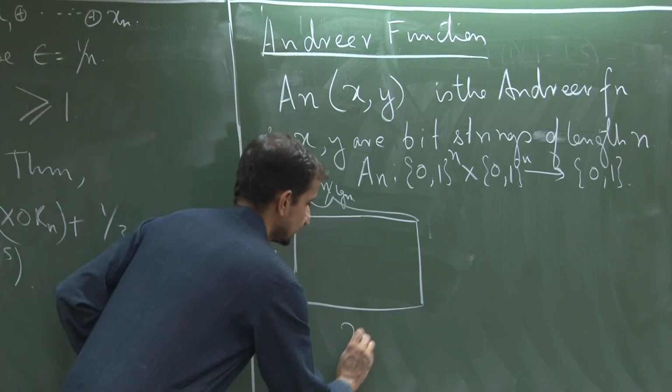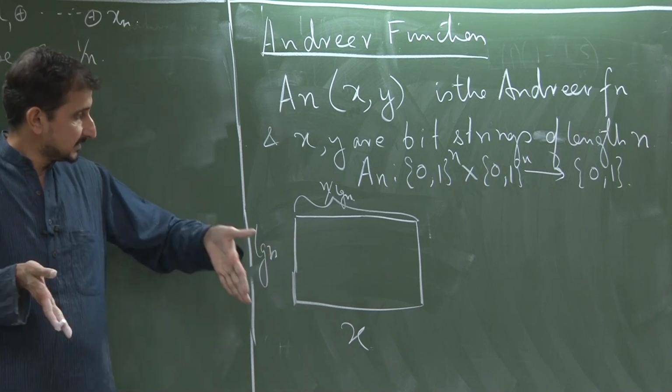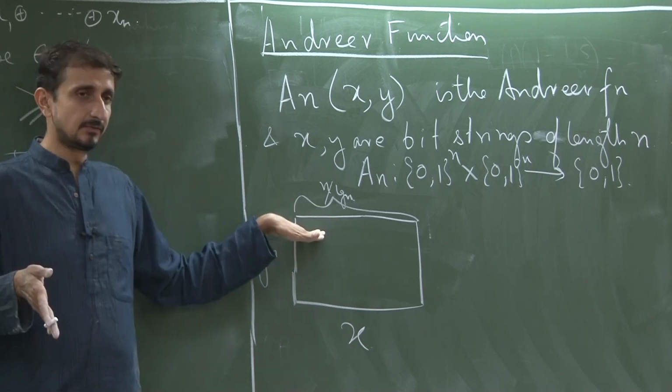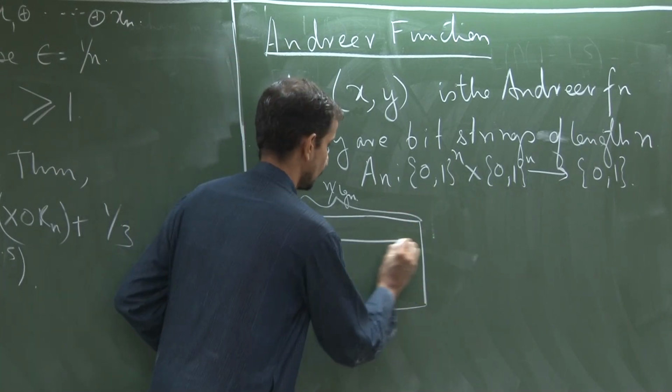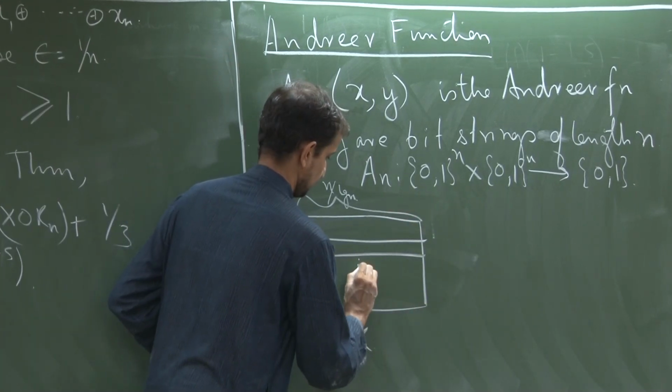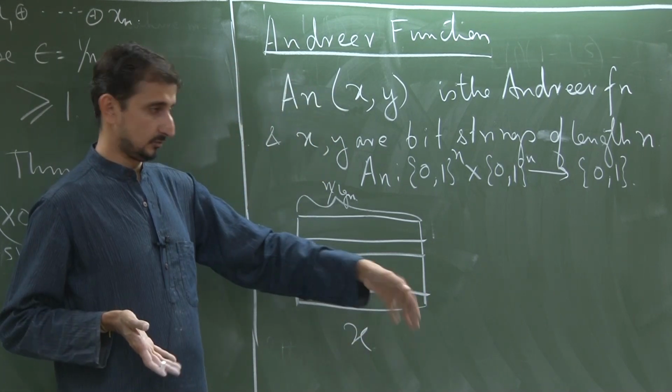Okay. So, this is my variable x. You can think of it this way: the first n by log n bits are in the first row, the next n by log n bits are in the second row, and so on, and the last n by log n bits are in the last row.